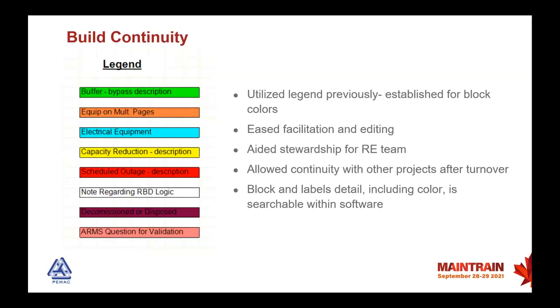It also flagged equipment that showed on process flow diagrams but is actually being disposed of or has already been decommissioned. The last one that was really helpful was a specific color block for questions or assumptions that needed to be validated with their team. And since there were so many different colors, it helps that the block labels and details, including the color, are searchable within the software.